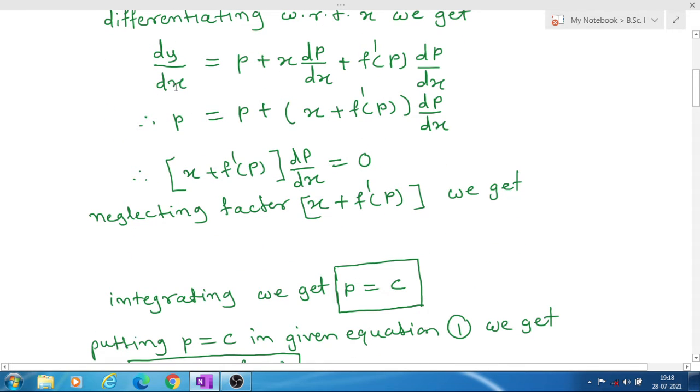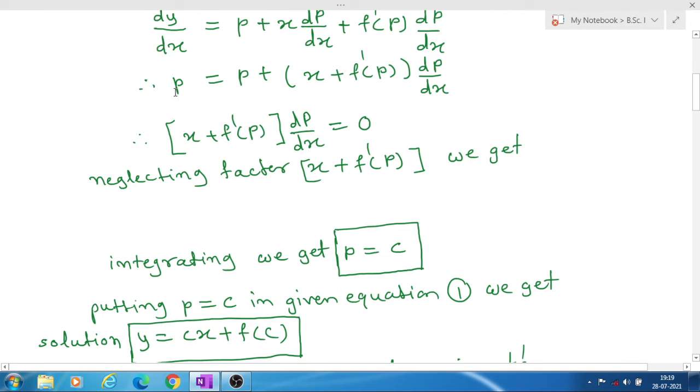Now dy by dx is nothing but small p, so we substitute small p here, so the equation becomes p is equal to p plus, now from these two terms we can take dp by dx as common. Therefore taking common dp by dx, here remains x plus f dash p, so x plus f dash p into dp by dx.